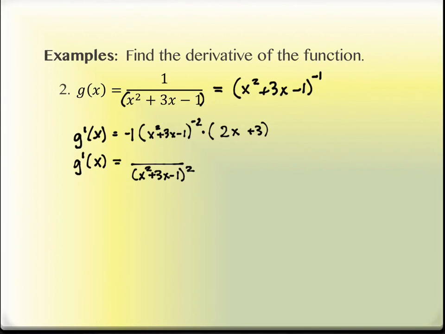Don't need to square that and multiply it out or anything like that, but I do need to put it back down on the denominator. Now you'll notice there's 2 other pieces that I'm going to have to deal with, the negative 1 here at the beginning and the 2x plus 3 at the end. And both of those pieces stay in the numerator because they don't have negative exponents, right? And so if we consolidate that together, I'm going to have negative 2x minus 3 on top. Just distribute the negative through.